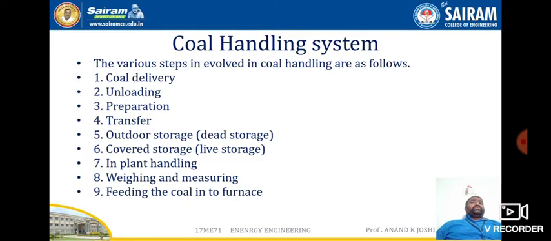The transfer handles the coal between the loading and unloading point and the storage site. The equipment used for transfer includes belt conveyors, screw conveyors, bucket elevators, grab bucket elevators, skip hoists, and freight conveyors. These are all transfer units for moving coal from one point to a storage site.